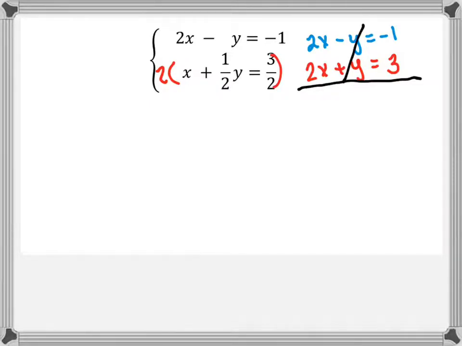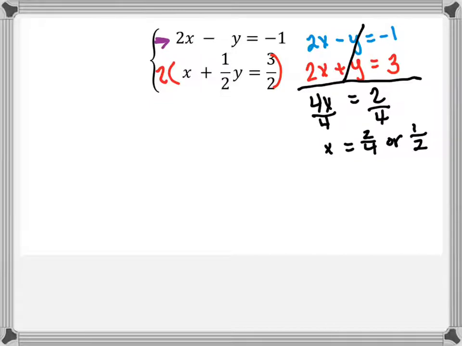So adding them, my y's eliminate, and adding my x's, I get 4x. If I add my constants, I get 2. Divide both sides by 4, I get x equals 2/4, or 1/2. So now I have half my solution, and I'm going to choose to substitute 1/2 in for x in my first equation, but you could also substitute it into the second equation.